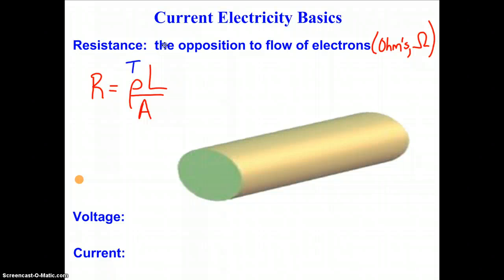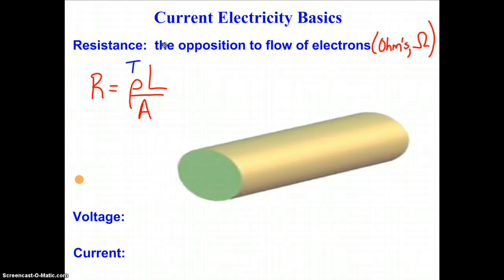So why does temperature impact resistivity and therefore impact resistance? Well, as you learned in the thermodynamics unit, temperature is a measure of the average kinetic energy of the molecules. As the temperature increases, the average kinetic energy of the molecules is also increasing. And when we're talking about a solid, what that simply means is that the atoms vibrate more.